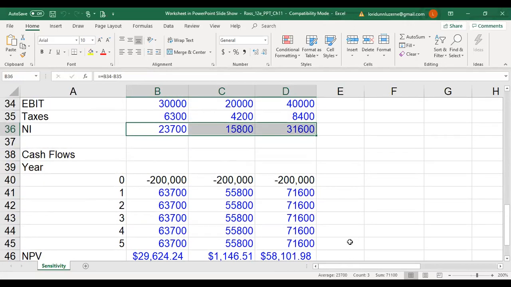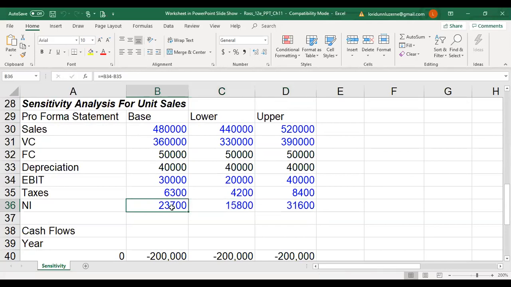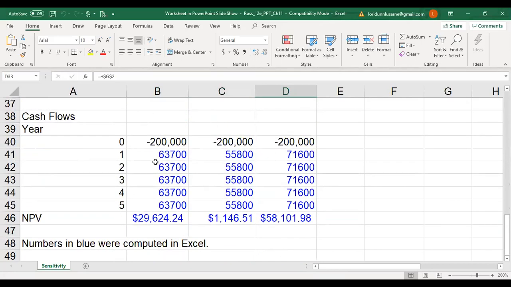So how is the cash flow impact? Well, cash flow again will be net income plus depreciation under each scenario. And now calculate the net present value. So you could use your formula or your calculator to calculate the net present value for each scenario.